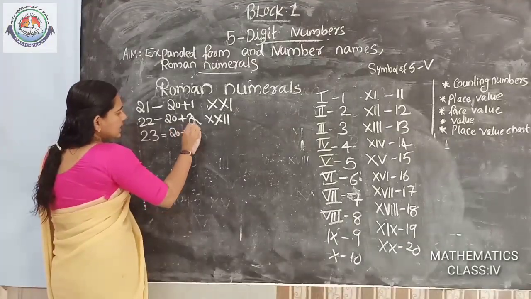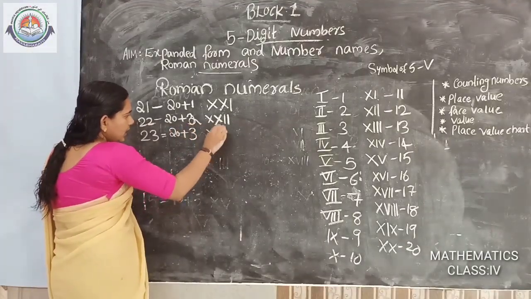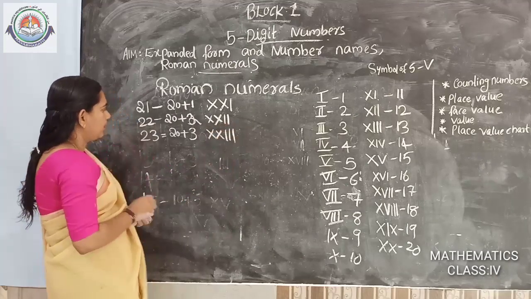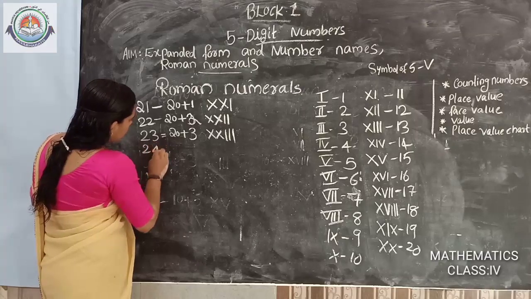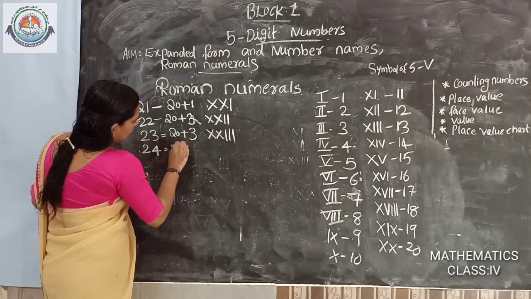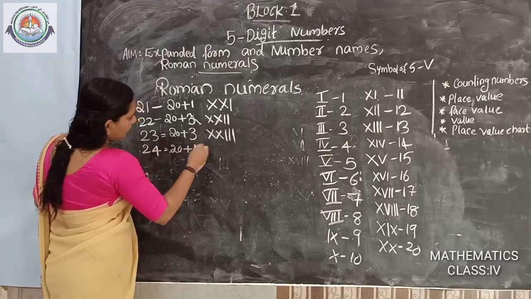20 plus 3, the symbol of 20 and symbol of 3. 24: 20 plus 4.